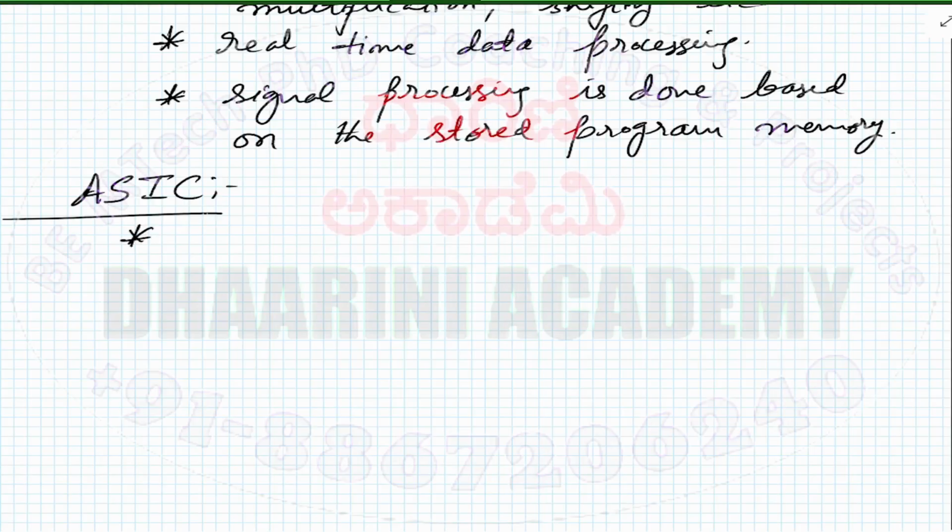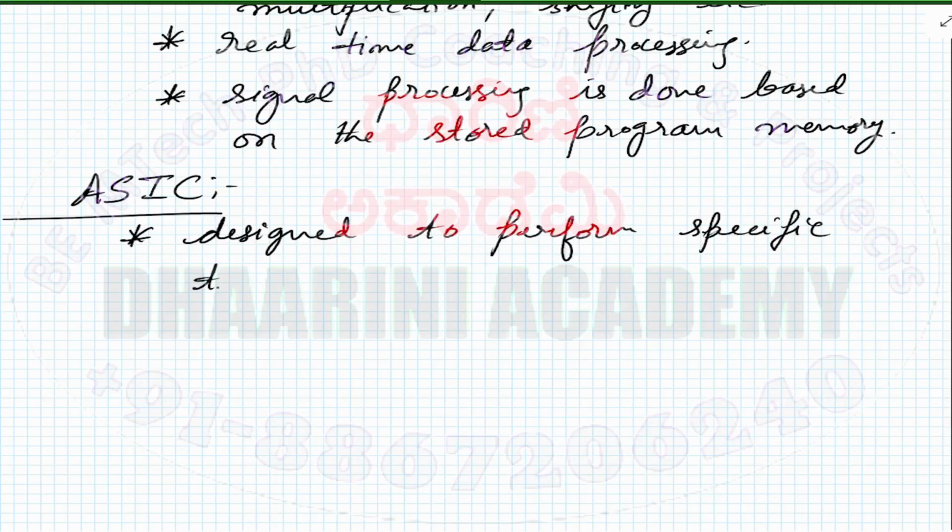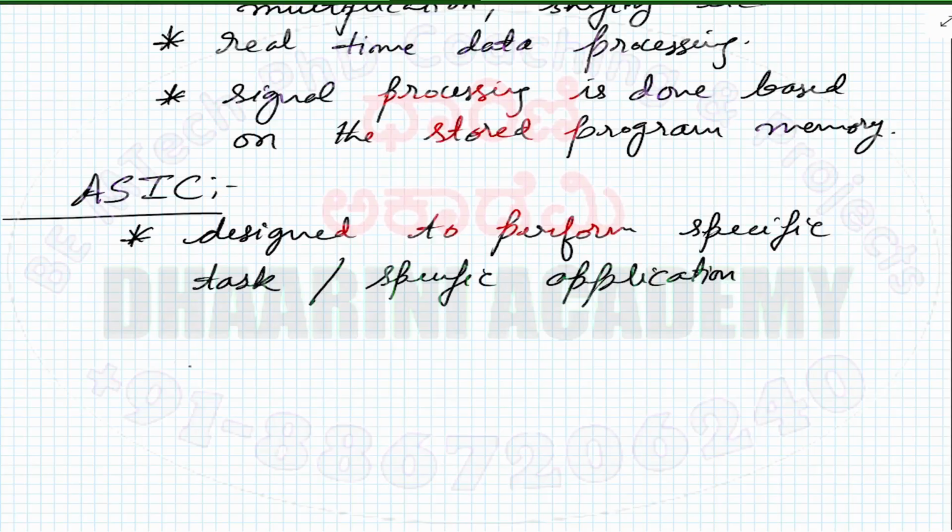So as the name suggests, the first point which we can write here is that this is always designed to perform a specific task, or you can call it a specific application.